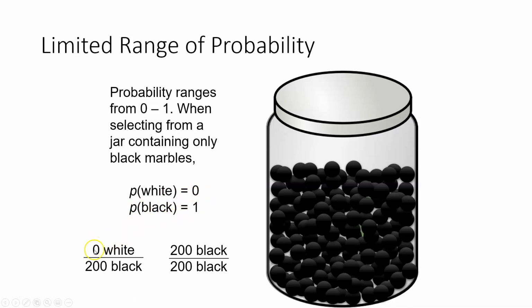Because you have 0 white marbles out of 200 black, or 200 black marbles out of 200 black. So you can see there in the most extreme example, where every case is the same, you have either a 0 or 100% chance of getting the events in your population.